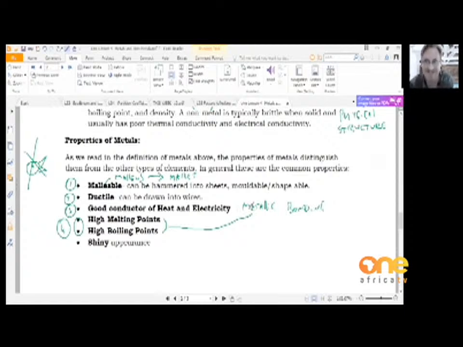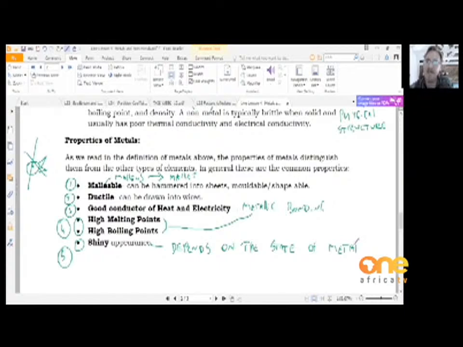It'll kill you. Okay, and then the last point, metals have a shiny appearance. Okay, that depends on the state of the metal.